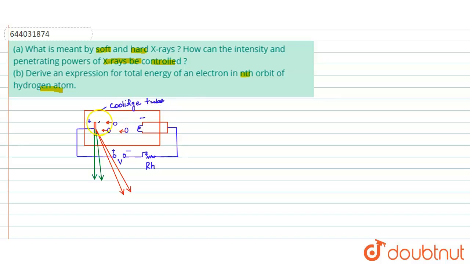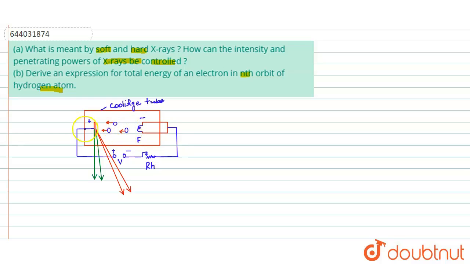Now, this tube is highly evacuated so that there are no air molecules inside it, and this is your filament F. When the current flows in this filament, it gets heated up, and thermions, that is, thermal electrons, are ejected from the filament.